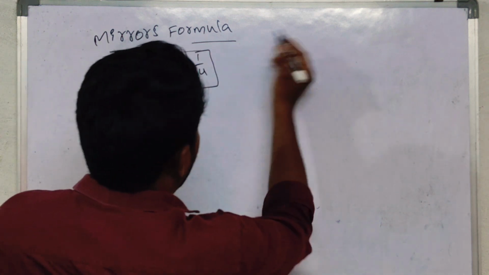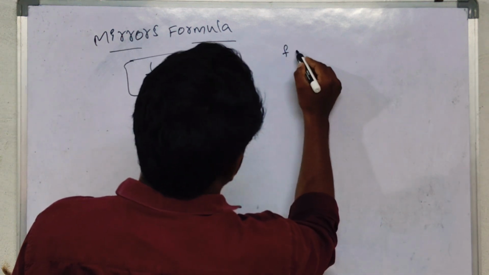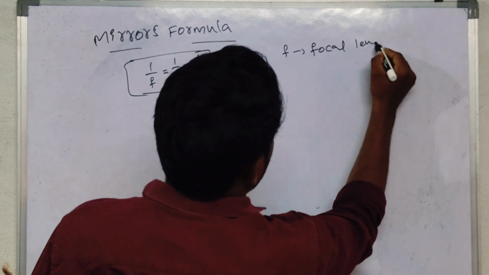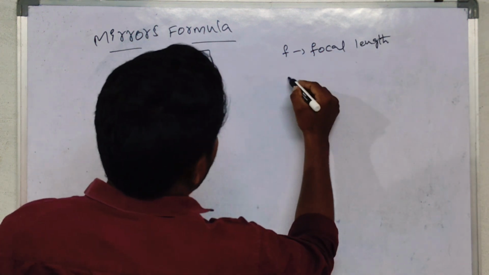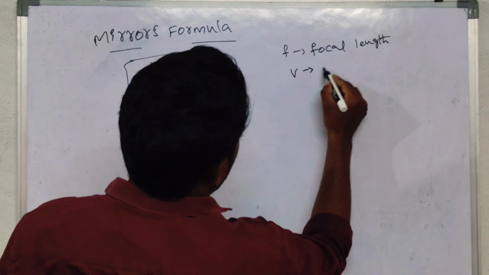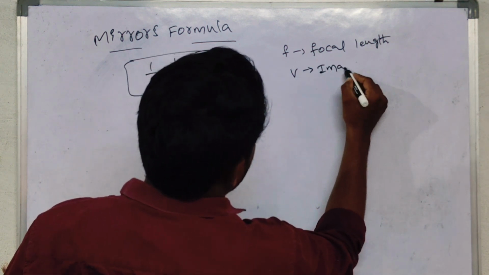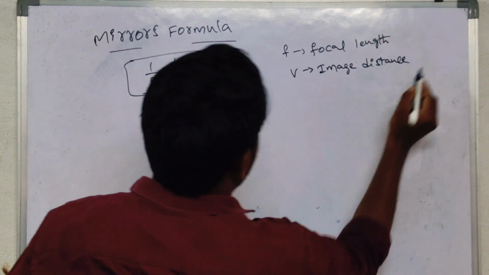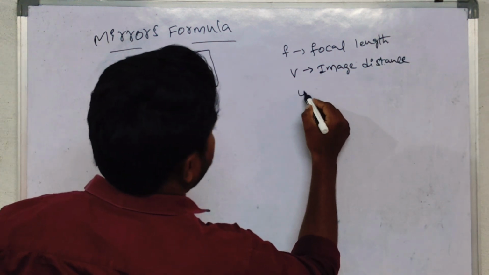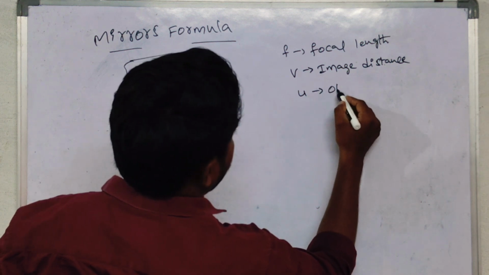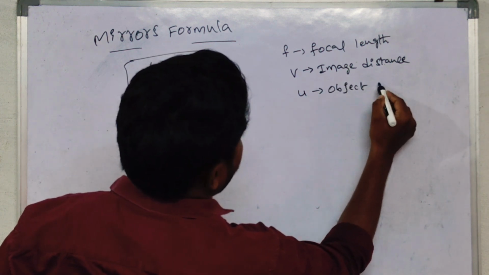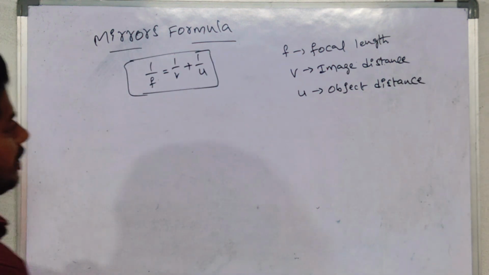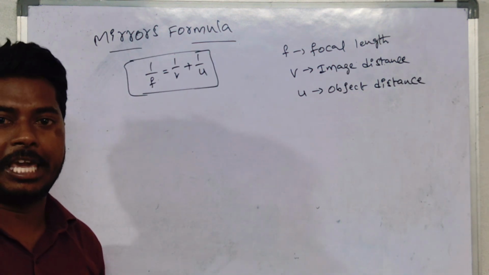From the formula, f is focal length, v is image distance, and u is object distance.